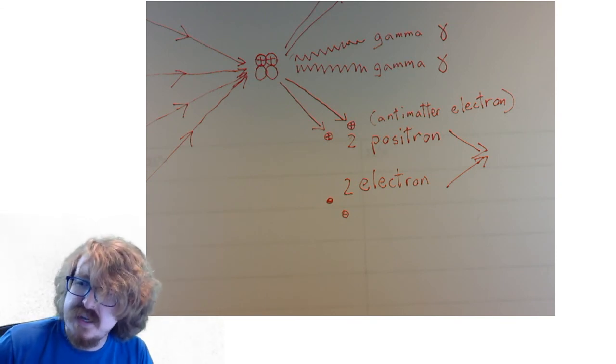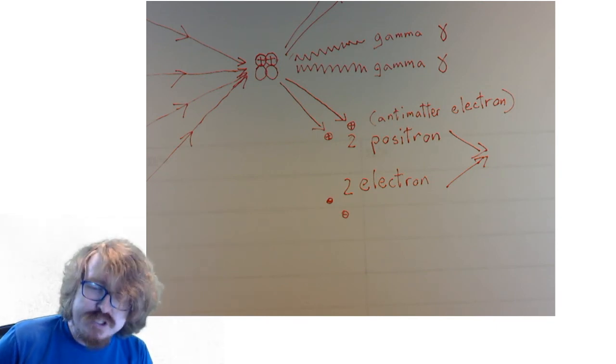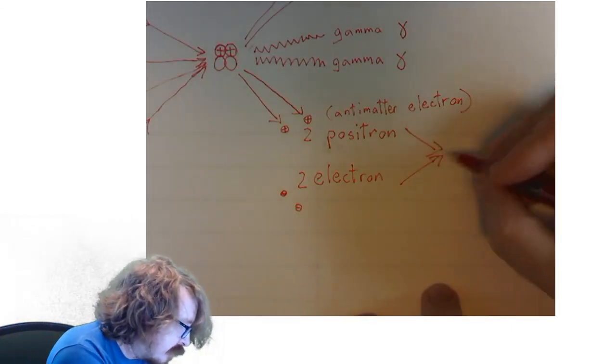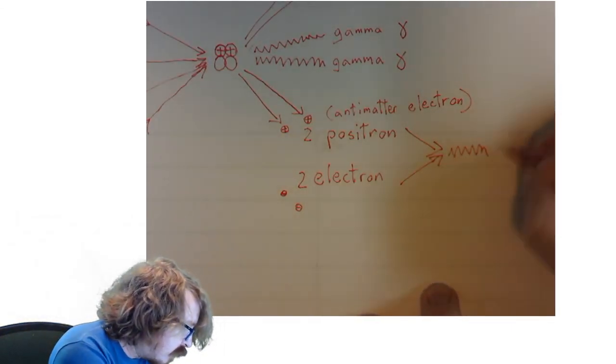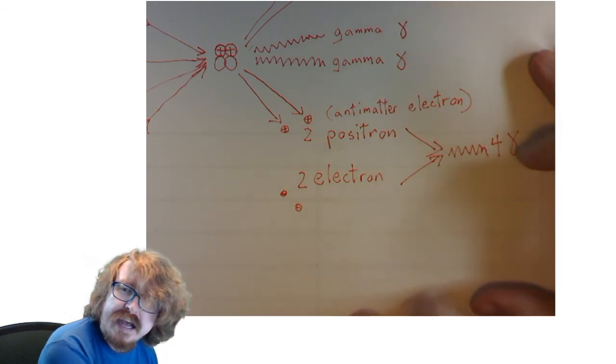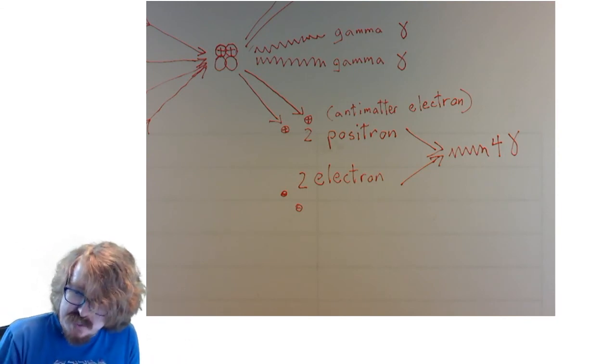That's correct. So these two positrons and these two electrons, each one of them becomes a gamma ray. So I'm going to pop out here on the other side. I'll just draw one of them, but say 4 gamma, okay? And that's the whole process, okay?